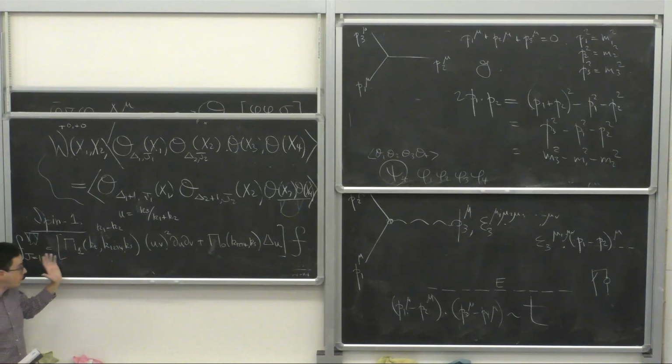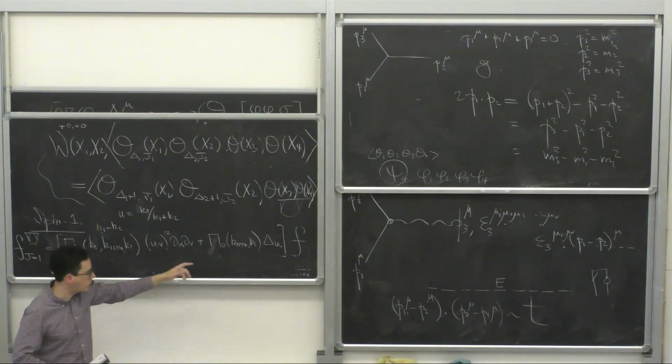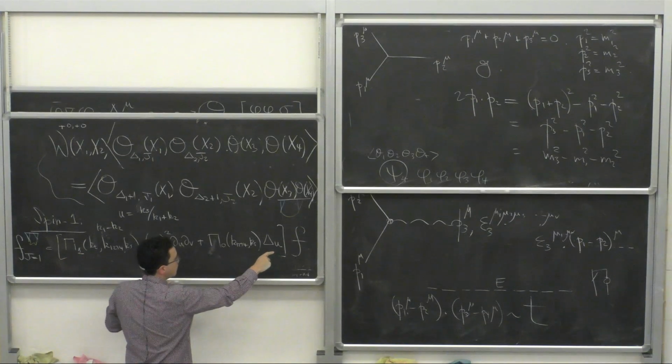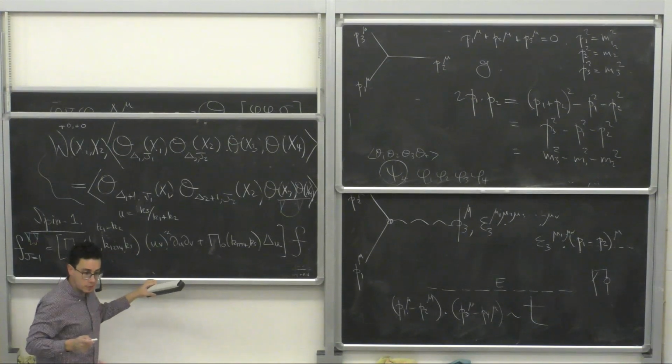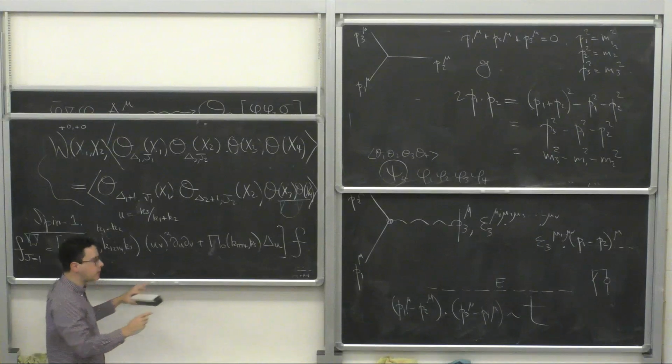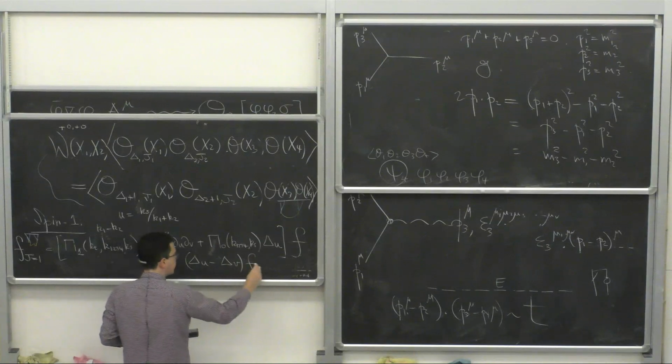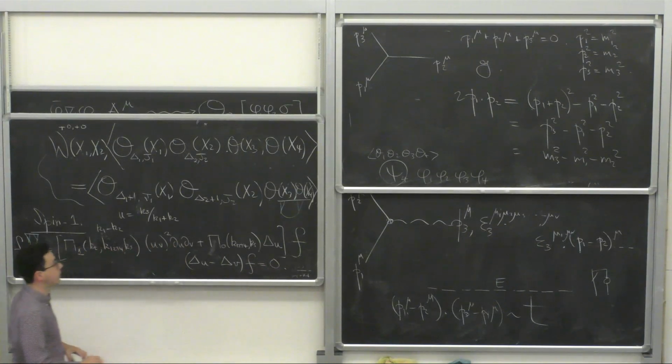You can check the boost symmetry is compatible with this. So that's to say that this whole ansatz that I just pulled out of my hat is compatible with all the de Sitter isometries as long as this function f solves our old friend delta u minus delta v equals 0. Okay?